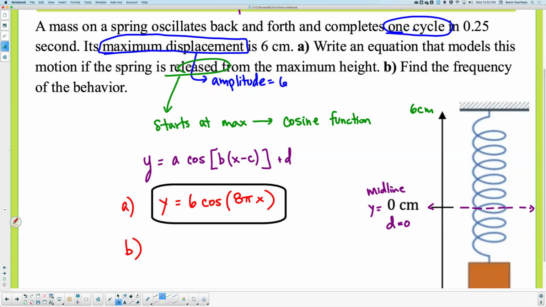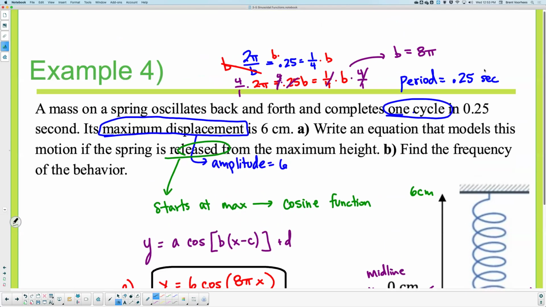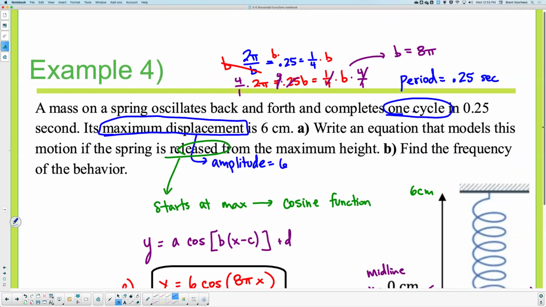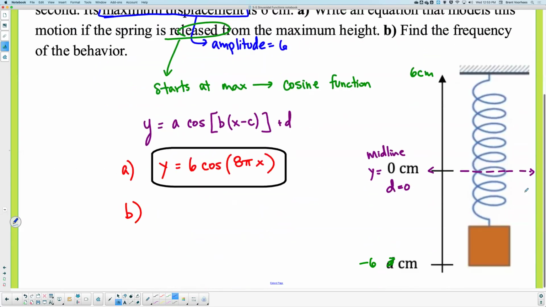Now part B, what does it ask? Find the frequency of the behavior. How do you find the frequency? Reciprocal of the period. Okay, if the period is 0.25, that's the same thing as what fraction? And so what's the frequency? 4 over 1. Frequency is 4 over 1, which is just 4.